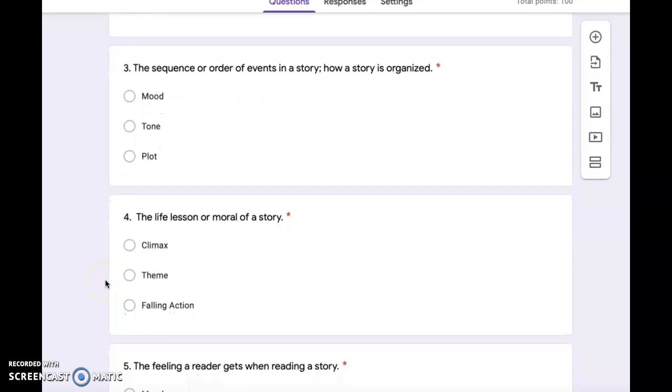Number 3, the sequence or order of events in a story, how a story is organized: mood, tone, or plot.